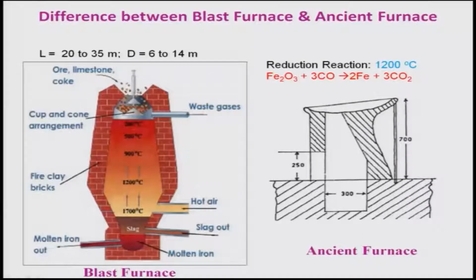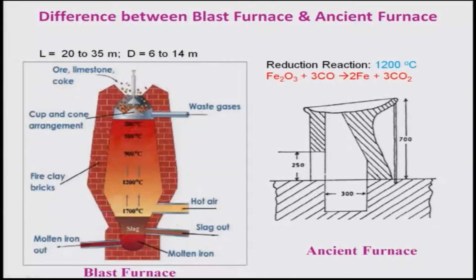This is the furnace containing iron ore, limestone and coke, which they put in here, and the temperature is maintained. There is fire clay and brick lining, and this is the cup and cone arrangement so that the charge flows nicely and the temperature is maintained properly, which is very important. The maximum temperature can go up to 1700, and you use hot air.